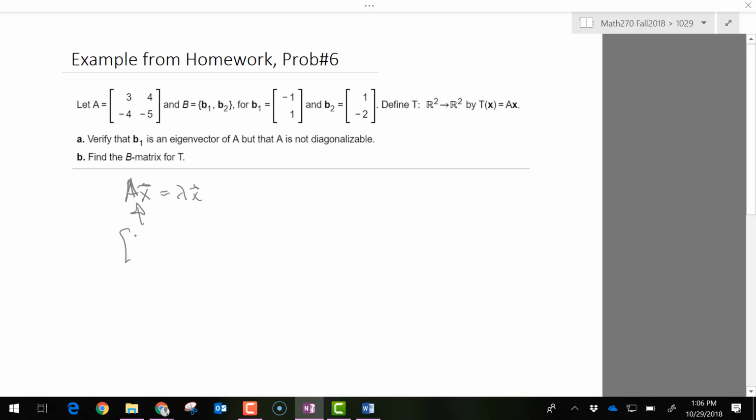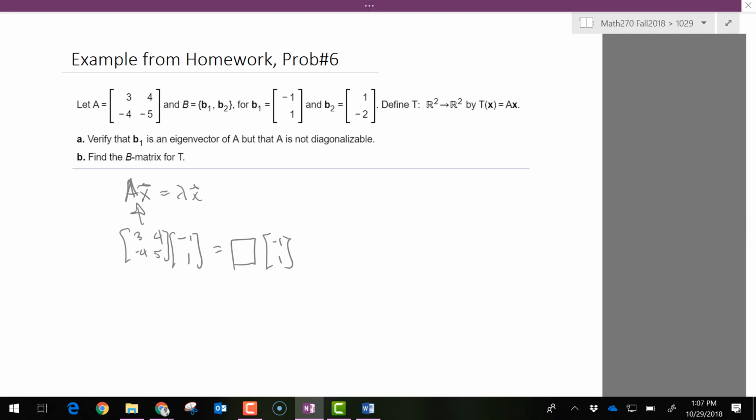We have the matrix 3, 4, -4, 5, and we want to multiply that by the eigenvector, -1, 1. We're showing that this is an eigenvector, so we should come out with a scaled version of -1, 1.